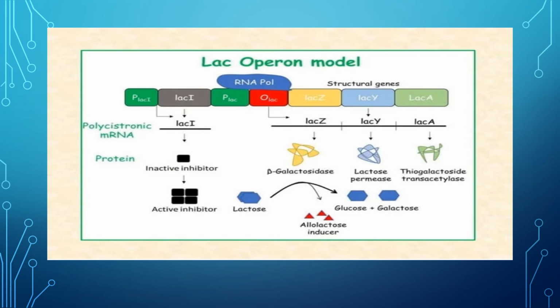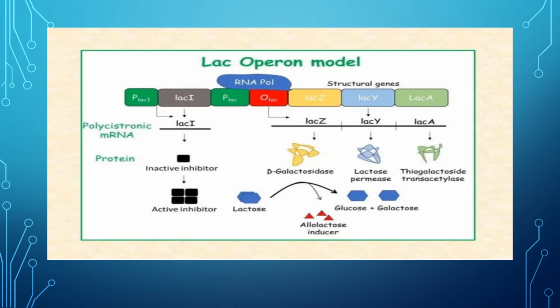The three structural genes are expressed as three enzymes to metabolize lactose to galactose and glucose. Lactose thus acts as the inducer of its own breakdown.